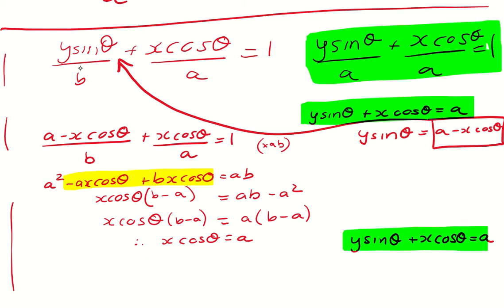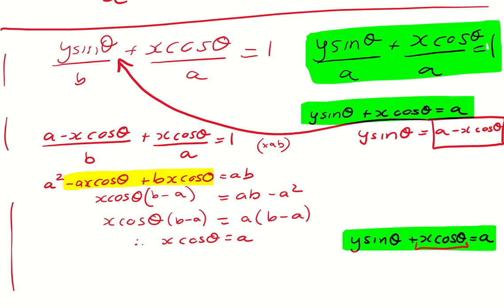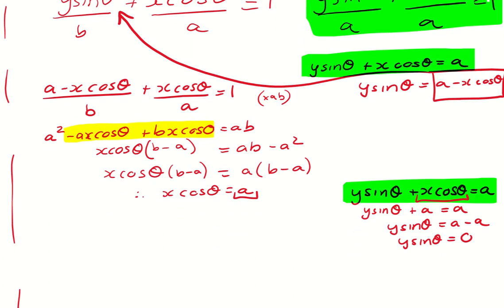So I've restated that. And therefore, now that I know that x cos theta is equal to a, I can say, well then, y sine theta plus a is equal to a. So y sine theta is equal to a minus a. So y sine theta equals 0. So therefore, y equals 0.